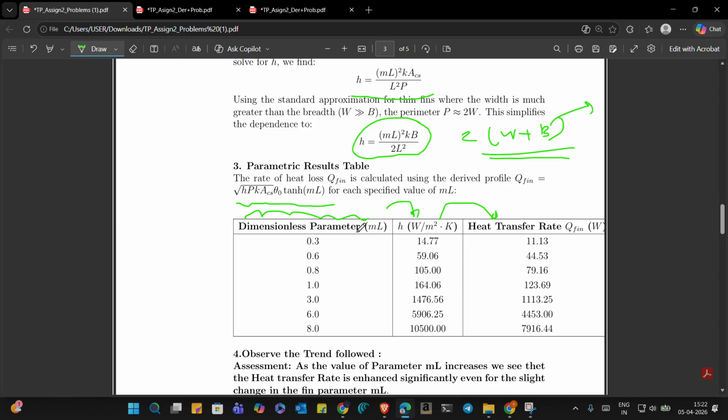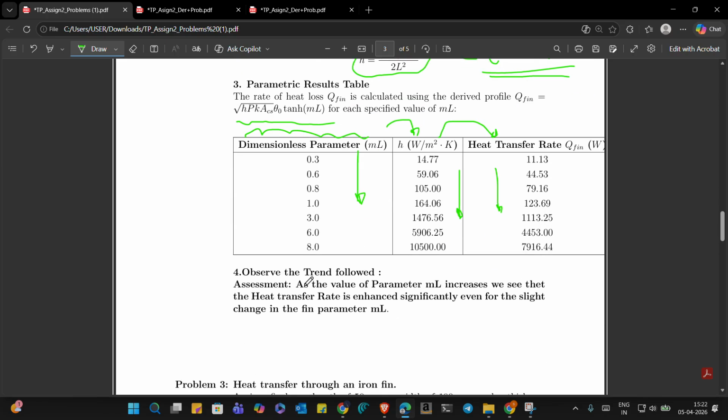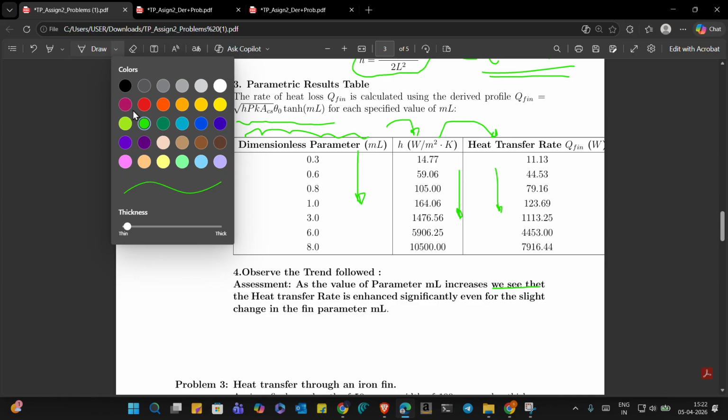As you can see, as we increase the value of the dimensionless parameter ml, our h value correspondingly increases, while our heat transfer rate also increases. So what we can comment about the trend is that as the value of the parameter ml increases, the heat transfer rate is enhanced.